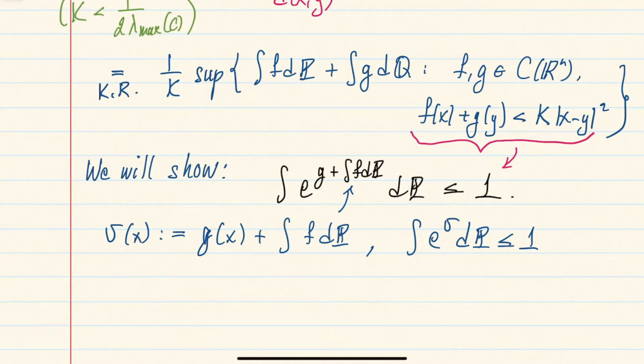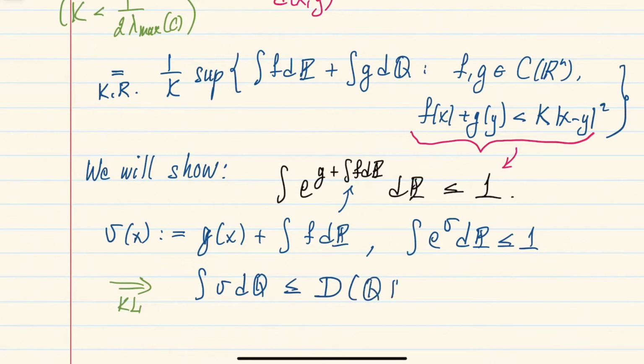Okay? And then the variational representation for the Kullback-Leibler divergence tells us that the integral of v with respect to q is then bounded by this divergence between q and p. So here we use the variational representation above.